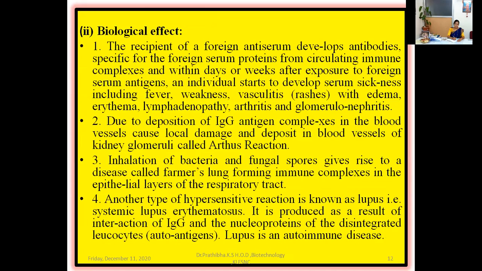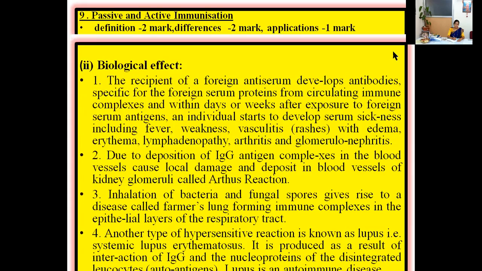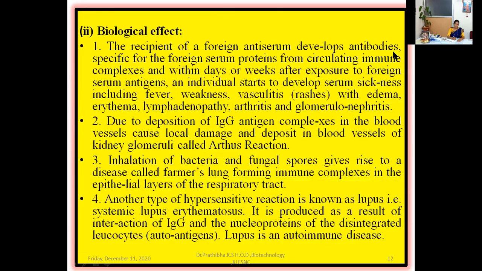Further, let us go through the biological effect. The recipient of a foreign antiserum develops antibodies specific for the foreign serum proteins, forming circulating immune complexes, and within days or weeks after exposure to foreign serum antigens, an individual starts to develop serum sickness, including fever, weakness, then vasculitis, that is rashes with edema, then erythema and lymphadenopathy, then arthritis and glomerulonephritis.